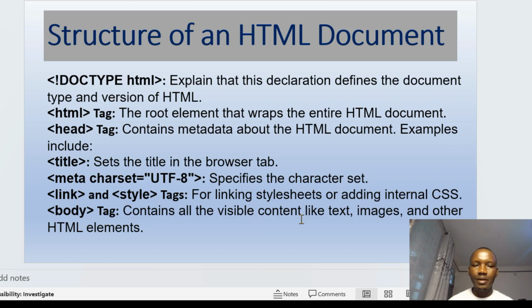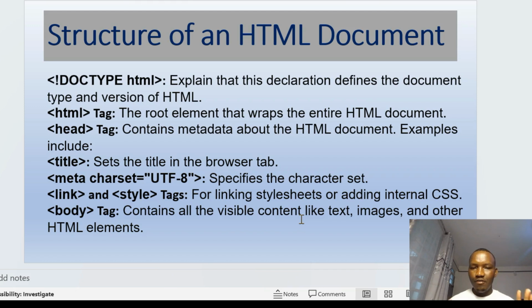Okay, we have the HTML tag, the root element that wraps the entire HTML document, and we have the head tag, which contains the metadata about the HTML document. Examples include things to do with title, meta, and link. And finally, we have the body tag. Now, this contains all the visible content like text, images, and other HTML elements.